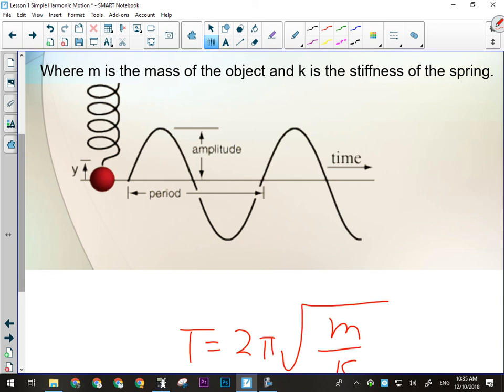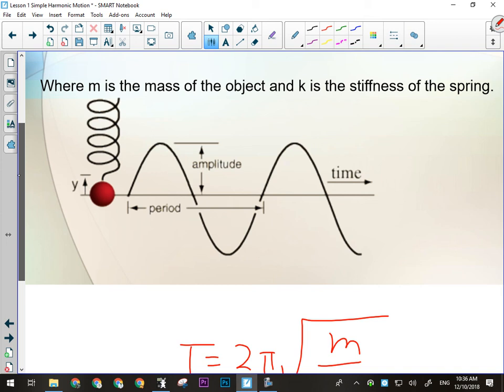When you pluck a guitar string and the string moves back and forth, it creates disturbances in the air that we detect as sound, okay? If an earthquake happens underwater, okay, it can move the ocean, okay, in a simple harmonic pattern, creating tidal waves, okay? Or just the wind blowing across the surface of the ocean can create disturbances that are harmonic within the waves of the ocean as well. All right, so that's what we'll be looking at there.